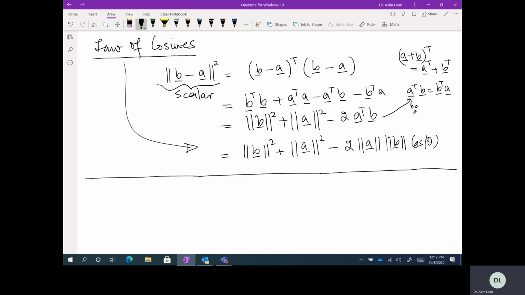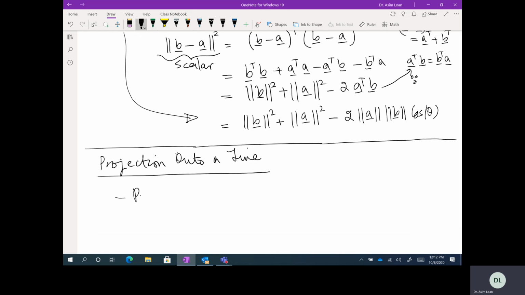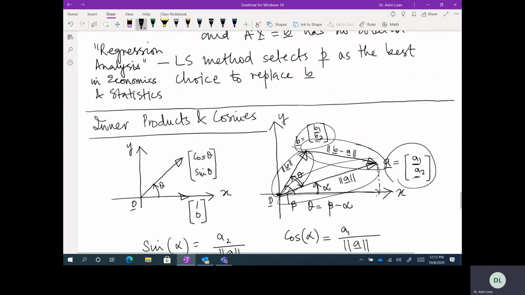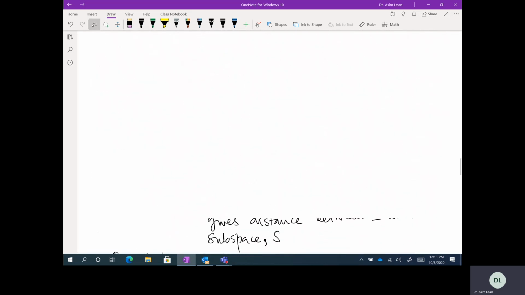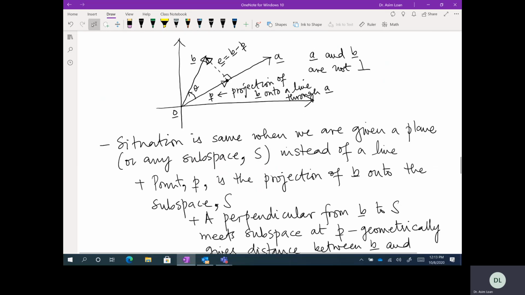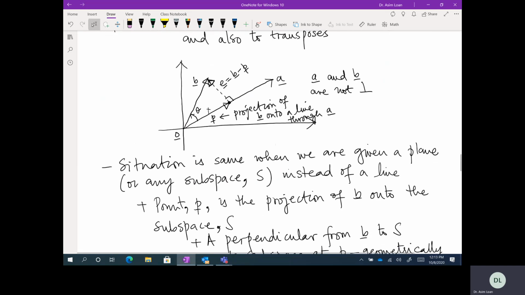Okay, so let's find the projection onto a line. The projection point P is some multiple of A, that is, P is equal to some x hat times A. Let me go back to that figure.